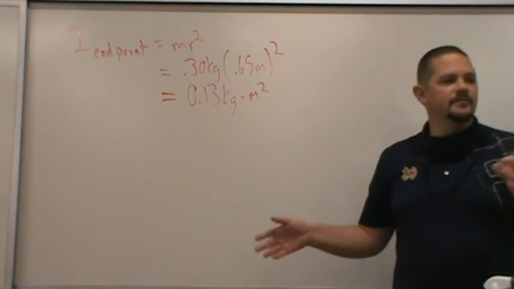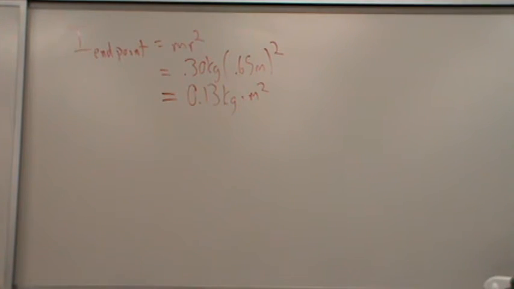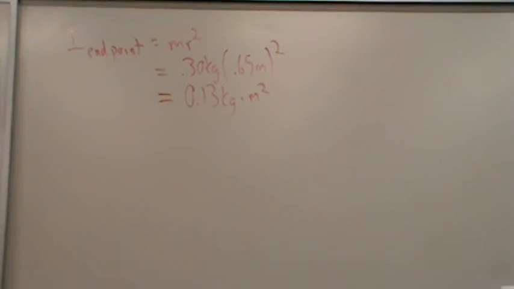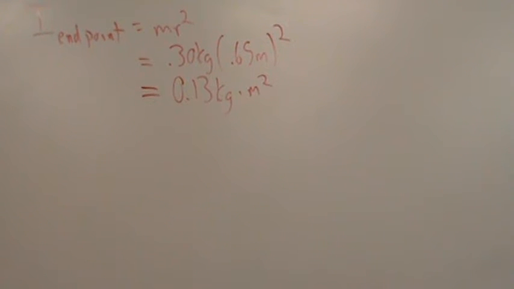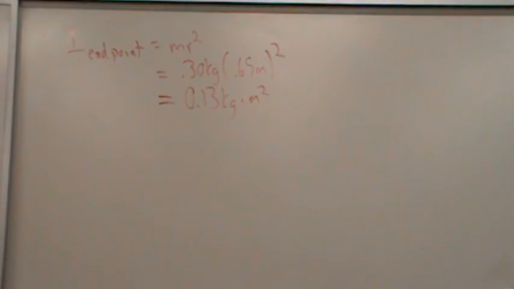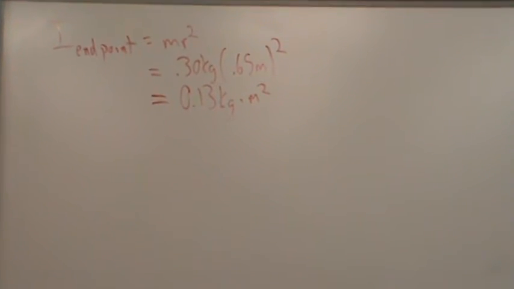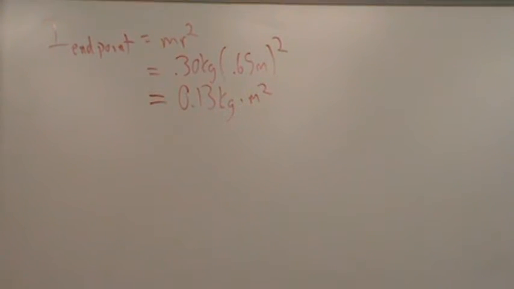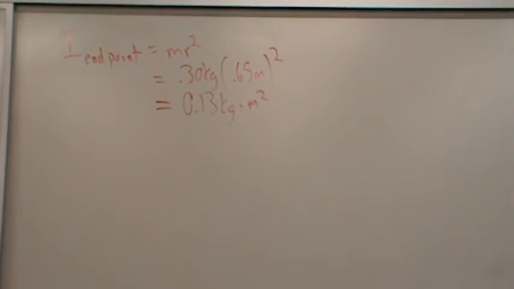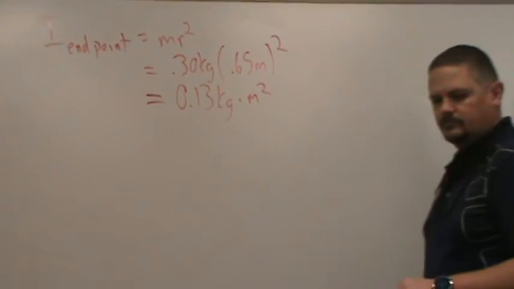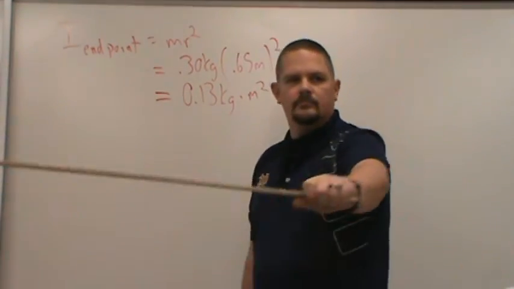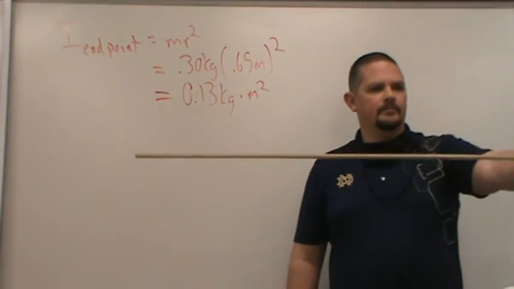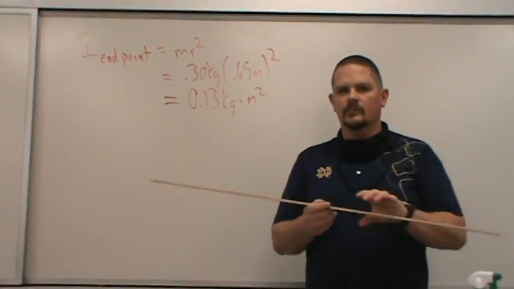Looking at your numbers, which one would have the greater moment of inertia, twirling about the midpoint or twirling at the end point? The end point. Why is that? Because when you have the weight on the end, it propels it with it. More leverage.